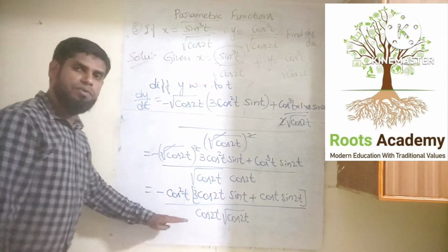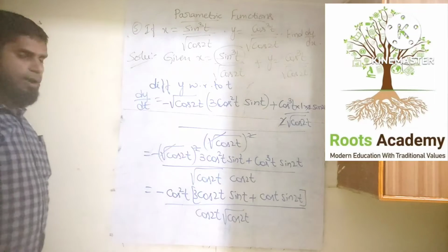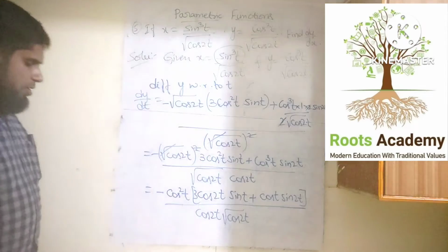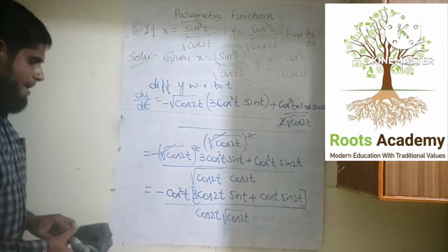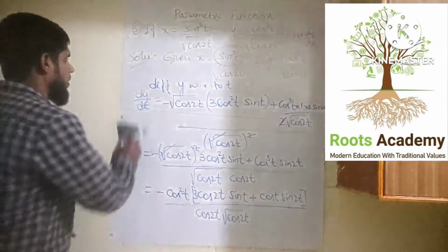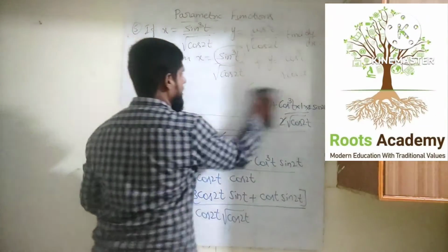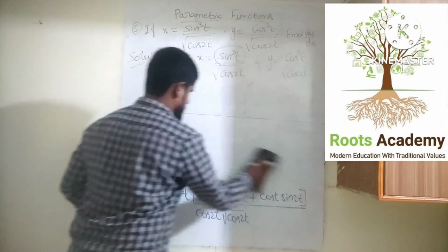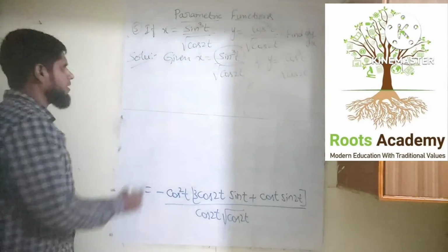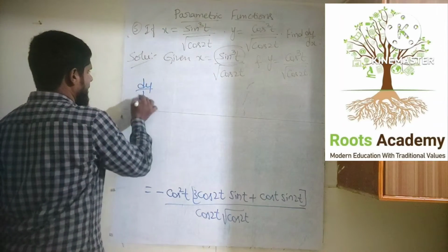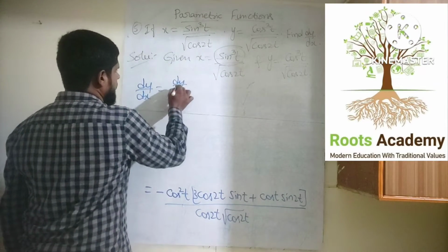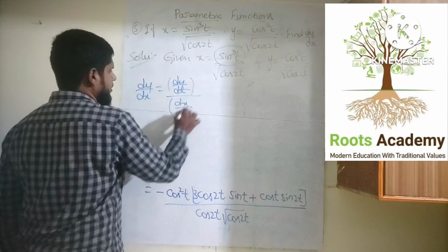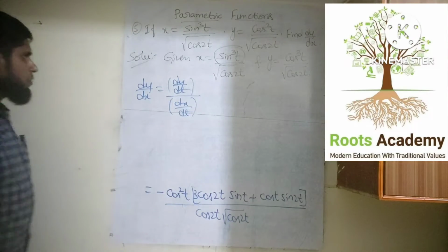Now after getting this, we should write what is our dy by dx. Student, here our dy by dx will be dy by dt whole divided by dx by dt. What is my dy by dt?